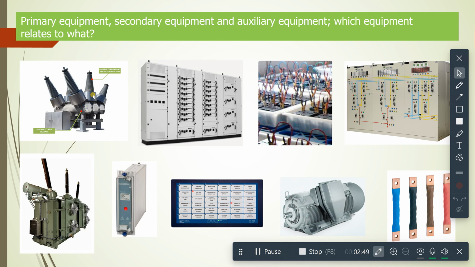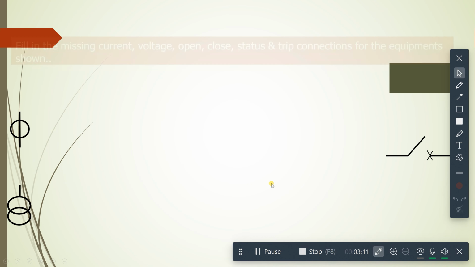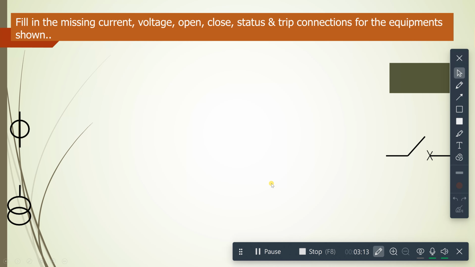So here you have to tell me what all these parts are, and at the end of the lecture I will give you the answers, but this quiz is only to understand your own knowledge. Okay, now let's go further.